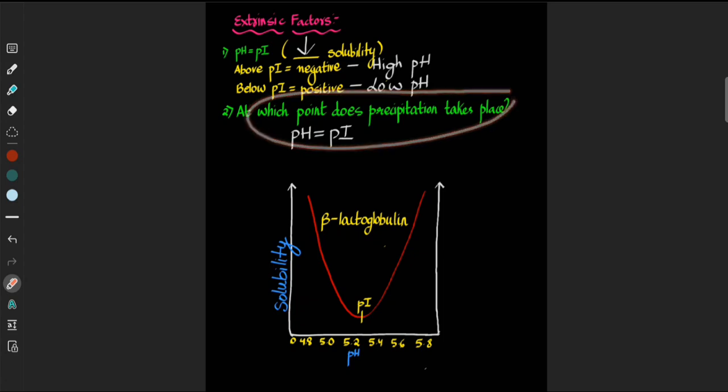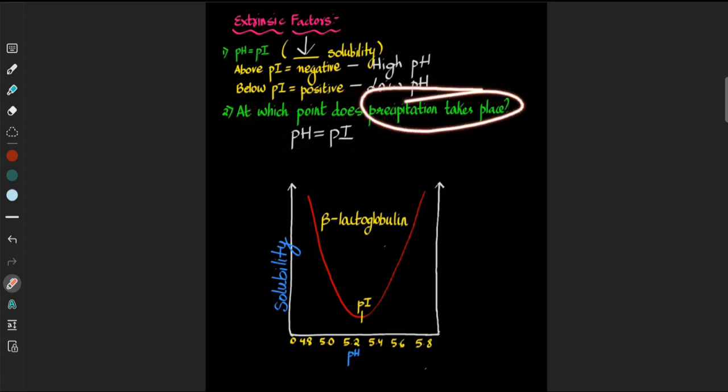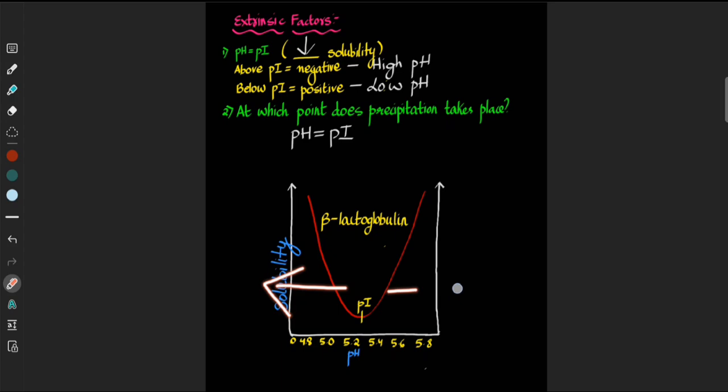And this particular precipitation is known as isoelectric point precipitation as well. So if you want, you can just note it down. As you can see, below pI and above pI solubility is high, at pI it's very low. So it's going to give a V-shaped graph, which is actually a parabola.